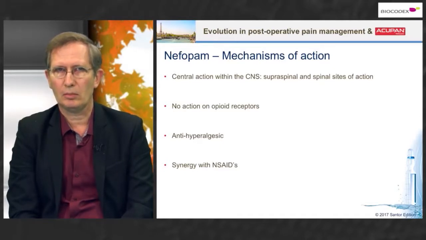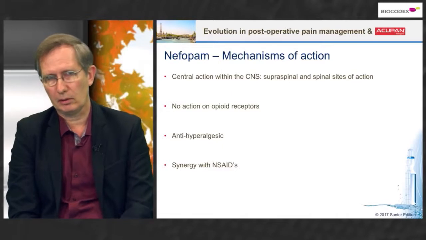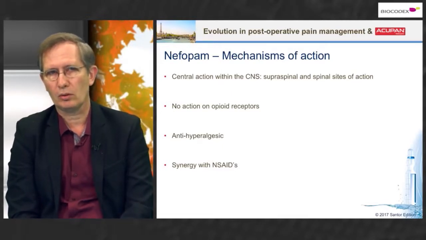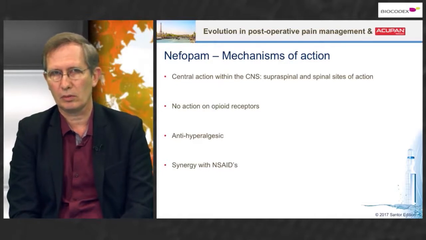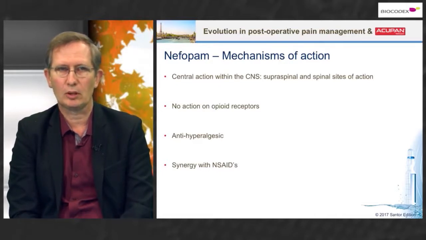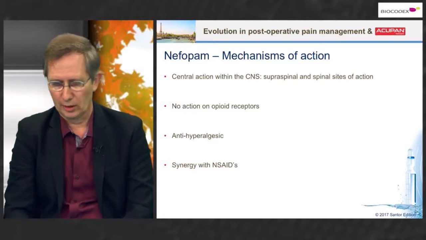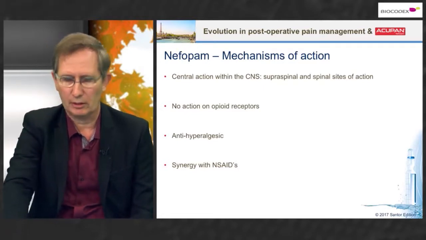It has some data, both in clinical research and animal research, showing that there is some action of Acupan on the central nervous system sensitization, so it can be qualified as an anti-hyperalgesic drug. And there is some interaction which can be useful for us, specifically the synergy with the non-steroidal anti-inflammatory drugs. So we'll go into detail on this aspect.